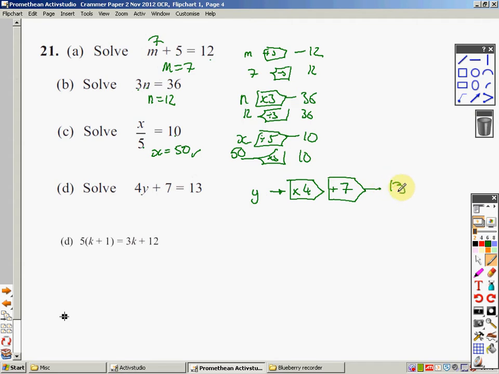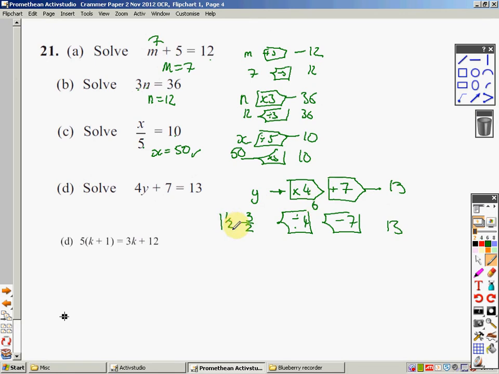Working backwards. 13 minus the 7, divided by 4. So 13, take the 7, is 6. 6 divided by 4. Well, you're going to have a calculator. You might as well do it on a calculator, even though you ought to do it otherwise. 6 divided by 4 is 3 over 2, or 1.5.